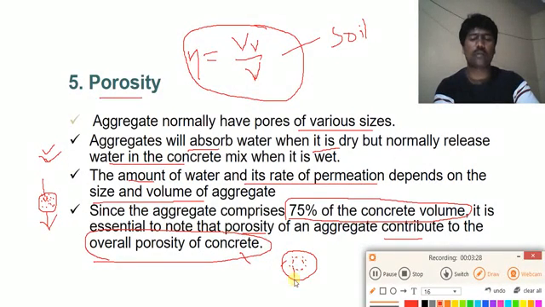These many pores which are coming on this concrete are mainly the contribution of the aggregates, since the aggregate is 75% of the concrete volume. That's why the porosity of an aggregate is the most important physical property to be studied while using these aggregates in the concrete.